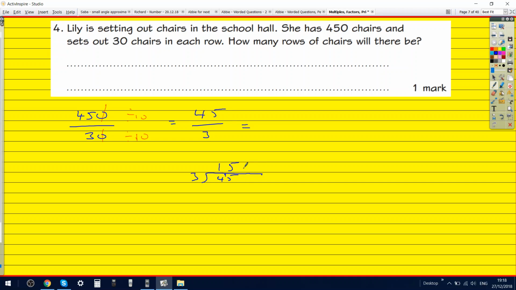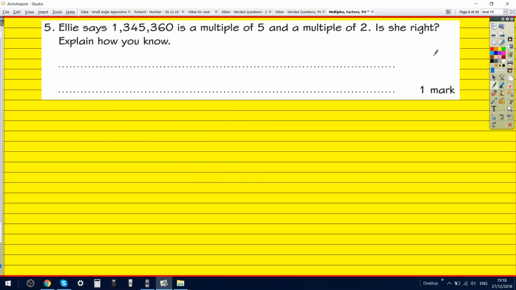And so what is the answer for our question? 15. Yeah, so it's basically 450 divided by 30. The quick way would be to cross out the 0s, which is the same as dividing top and bottom by 10.